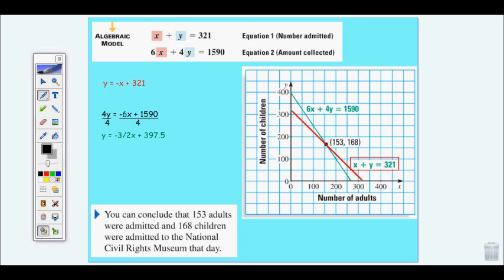Now, let's see if I have it, I do have a blank page. So I'm going to write those down and solve those instead by my substitution method. So I have my x plus y equals 321.